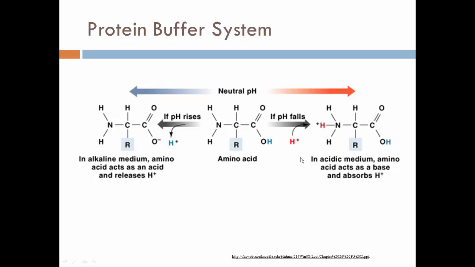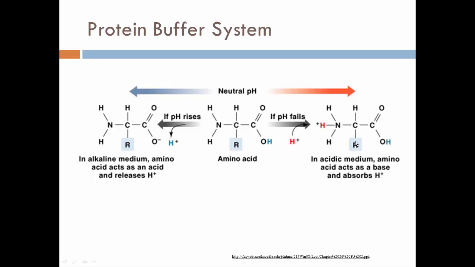We can see that here in this slide. If your pH falls, for example, we've got too many hydrogen ions. So here's that amino group, it takes on or binds with that hydrogen ion, thereby removing it, accepting that hydrogen or proton, and therefore neutralizing it.